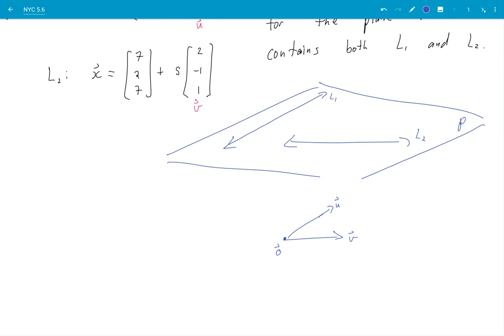And if I do the cross product, imagining that u is behind the screen and v is right on the screen, if I use my right-hand rule, the cross product will go like that, and it will be normal to the plane P. So if I want a normal equation for P, a good place to start is define the normal vector u cross v.